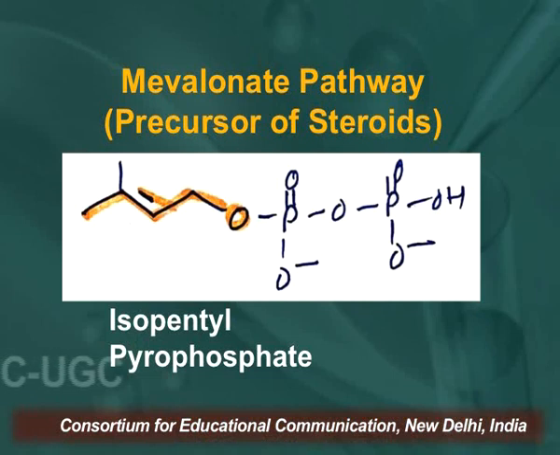So this mevalonate pathway is a precursor of steroids. This is the structure of isopentyl pyrophosphate having an isoprene unit, which is a terpene, and phosphorylation takes place over here with ATP, and a pyrophosphate group is added to the isopentyl group.